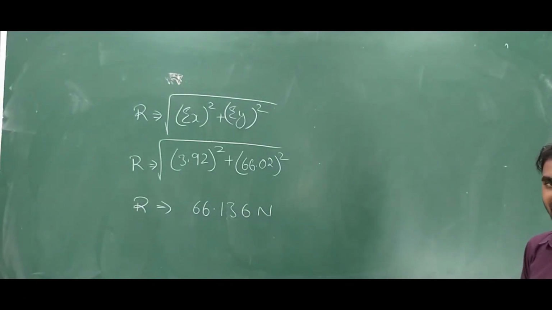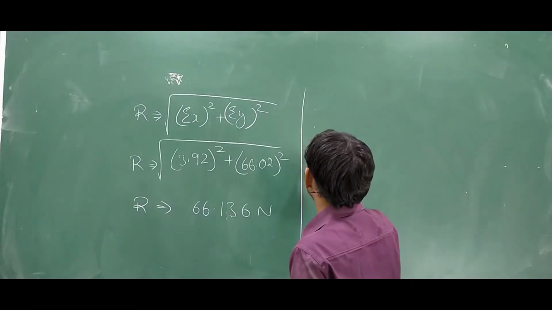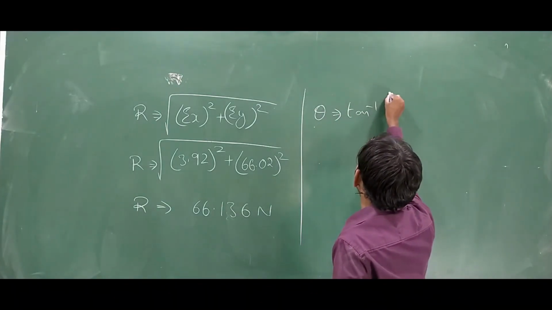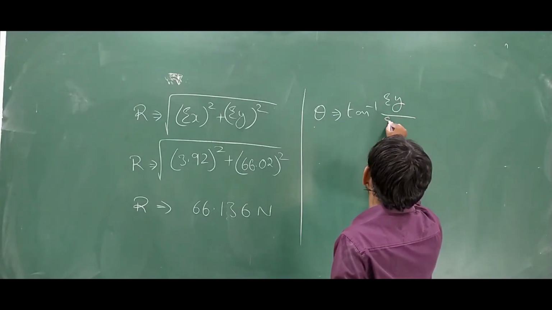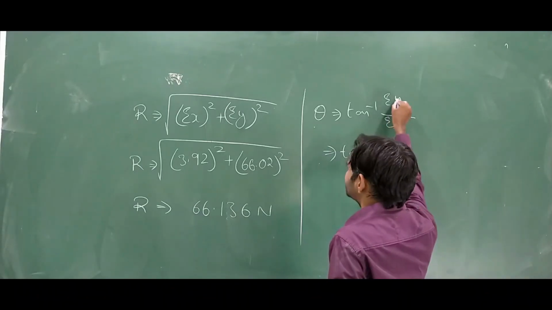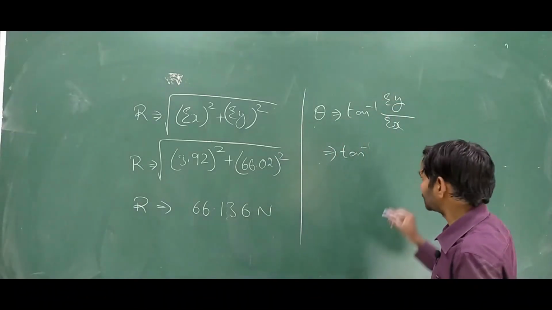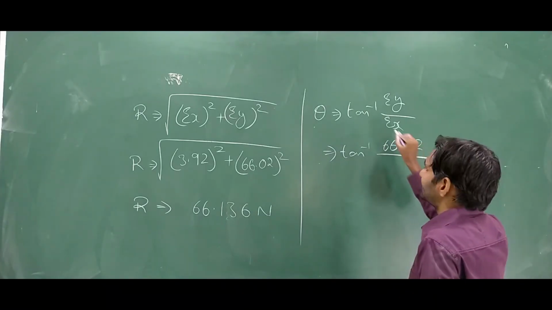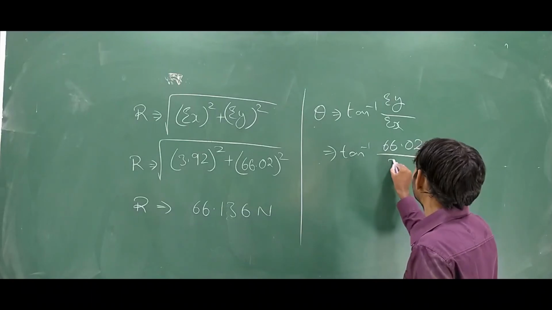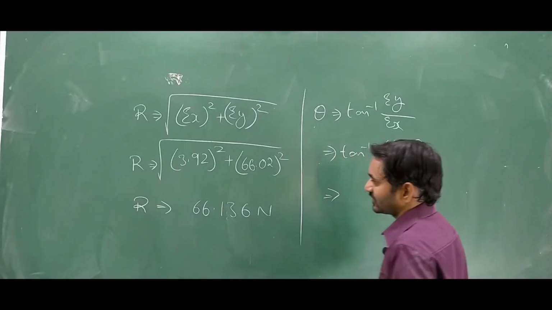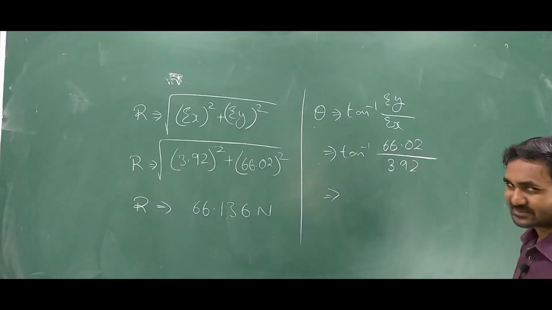Next you have to find the value of theta also. So let's find out theta. In the previous, you have seen theta is tan inverse of sigma y by sigma x. So this is equal to tan inverse of sigma y, 66.02, divided by sigma x, 3.92. Then you will get 86.06.